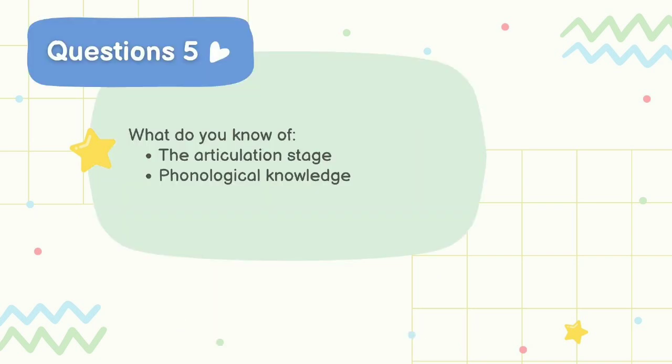Number five, what do you know of the articulation stage and phonological knowledge? The articulation stage is the final phase of language production, where the speech is basically produced by pronouncing words and sentences. This stage involves translating the mental representation of sentences into spoken language with attention to clarity and ease of understanding.